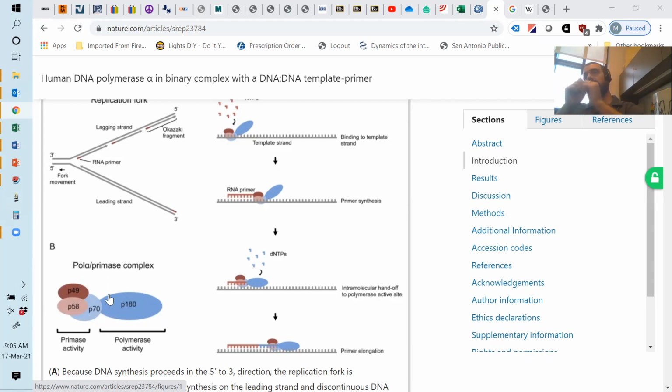It's not that they come apart and go back together again and come apart and go back together again like holoenzymes do, depending on the need. DNA polymerase alpha is one protein. It just happens to be made up of different parts that are not encoded by the same gene. So that's the difference between holoenzymes and multi-subunit proteins.